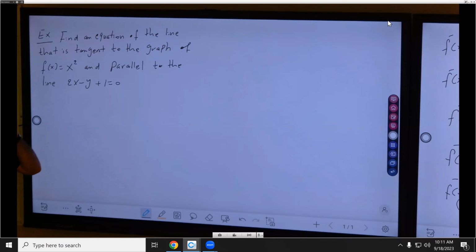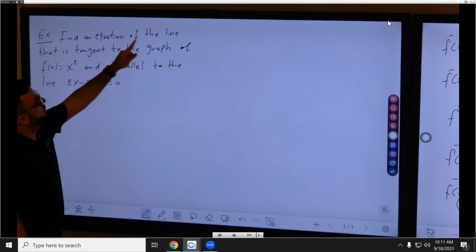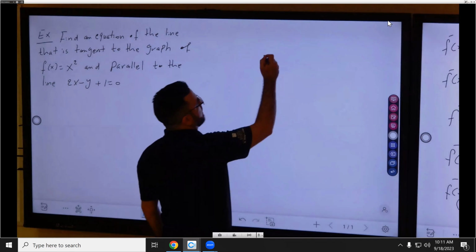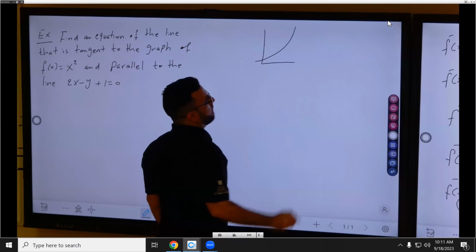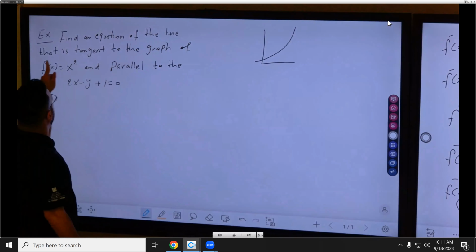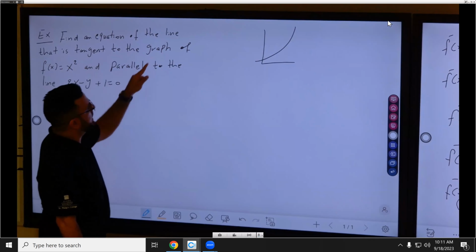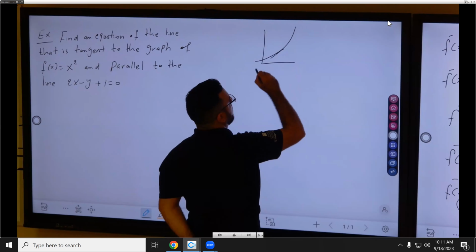But we're going to find an equation of the line. Just imagine that it's a simple graph. Here is your curve, okay? We need to find an equation for the line that is tangent to the graph. Let's say here's the point.